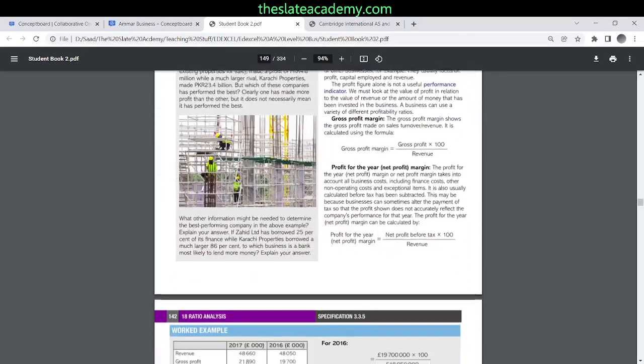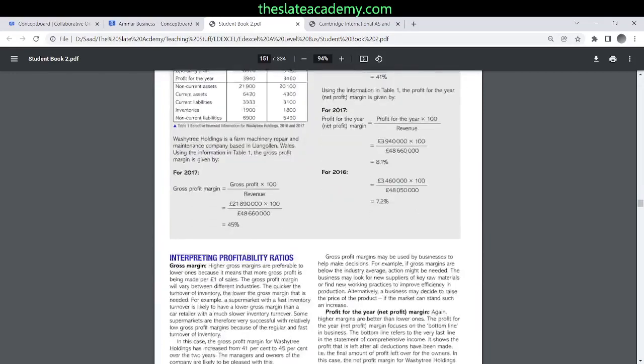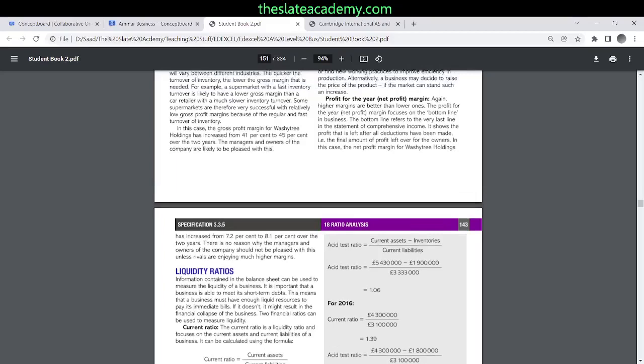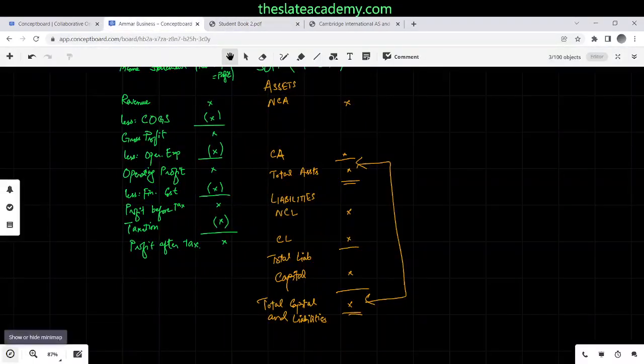First we have profitability, and for profitability we have gross profit and net profit margin. The ratios that we have are broadly categorized into two categories. The first category we call profitability ratios.